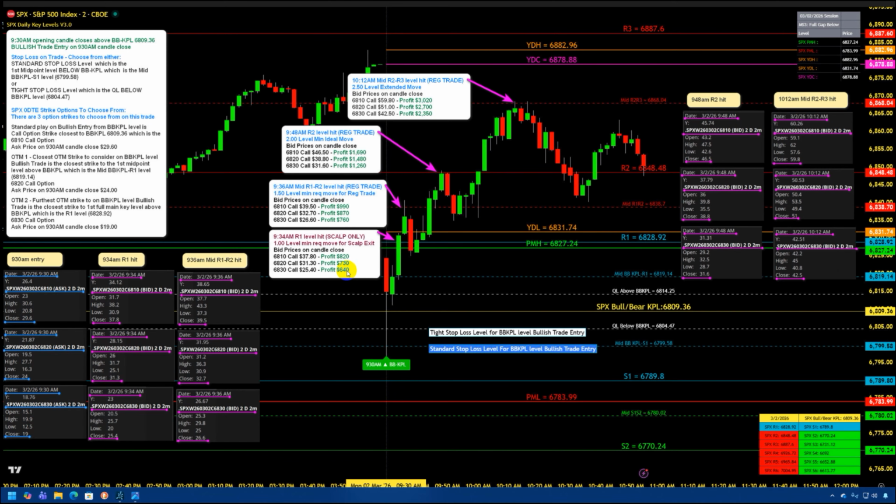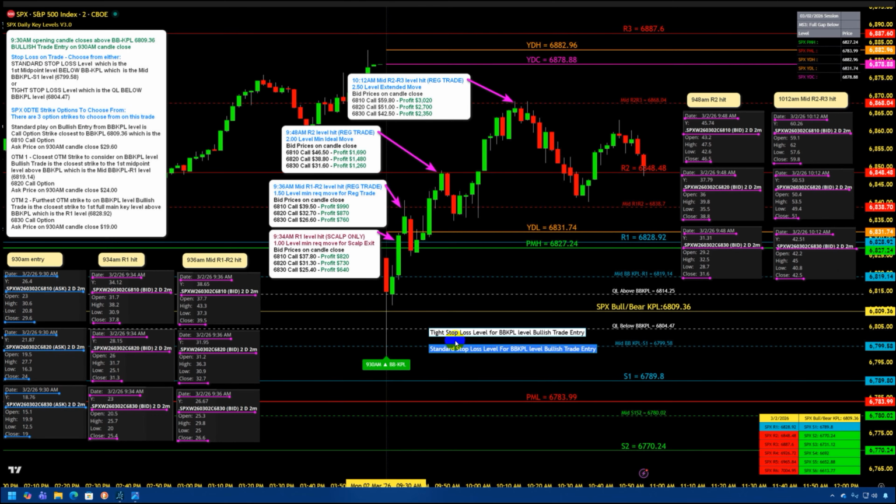The other options besides exiting 100% on a 1.5 level move in your favor on a regular trade are going to be adjusting your stop loss to break even, being the price that you paid for the option.